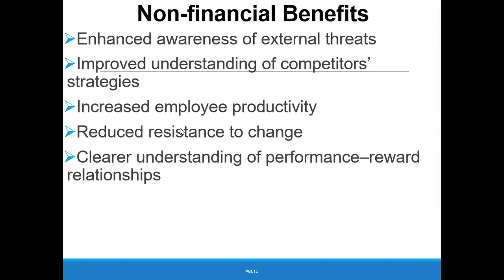They are also able to reduce resistance to any form of change or innovation that may be brought on board. And they are also able to put in the mind of their workforce a clear synergy between their performance and the rewards that will be commensurate with such performance.